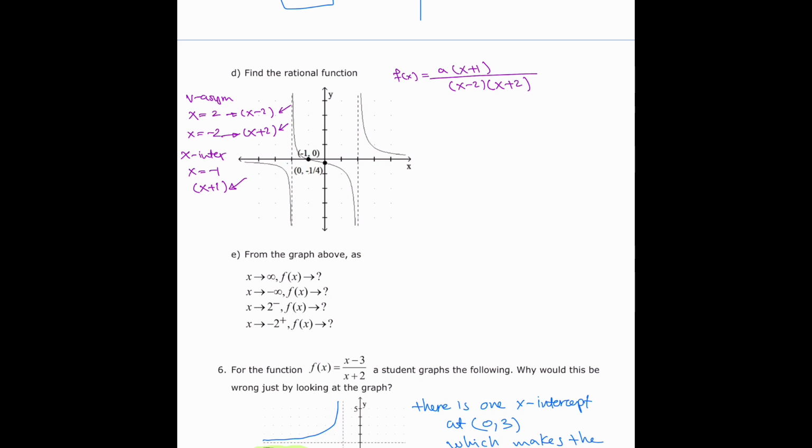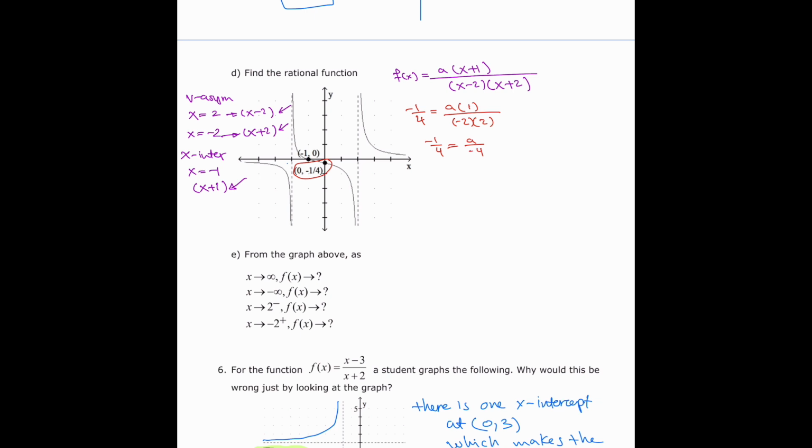In order to find a, we're going to use the y-intercept, which is this point. So when x is equal to 0, y is equal to negative 1/4. So negative 1/4 equals a times 0 plus 1, which is 1, over 0 minus 2, which is negative 2, times 0 plus 2, which is 2. So we have negative 1/4 equals a over negative 4.